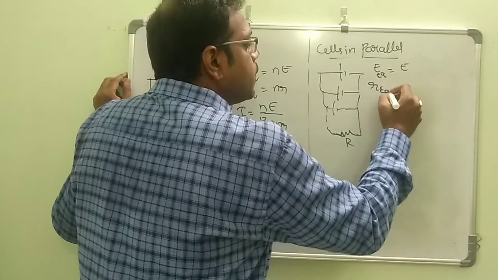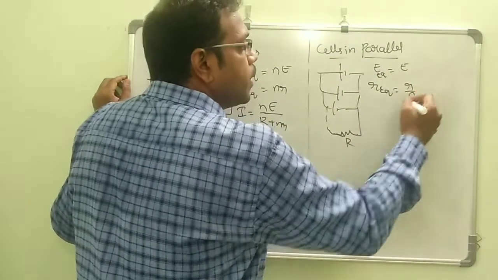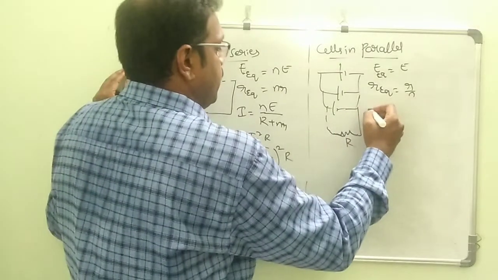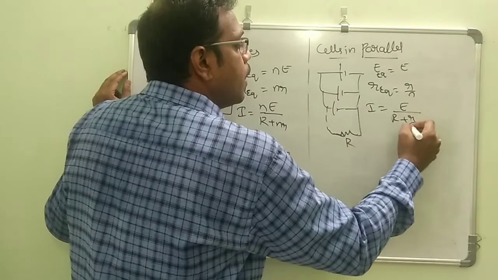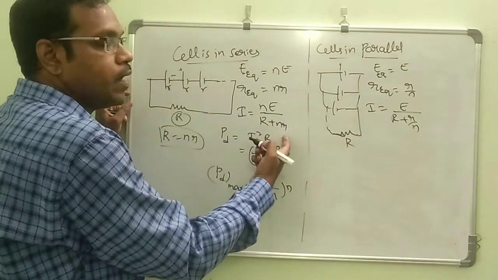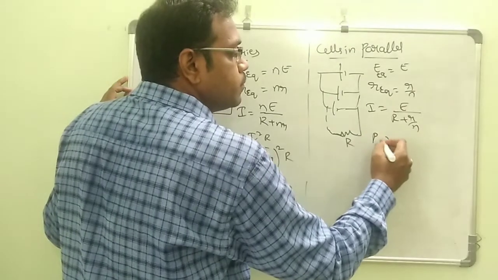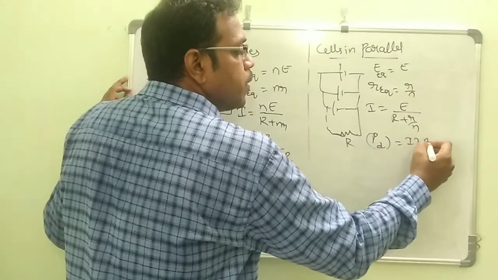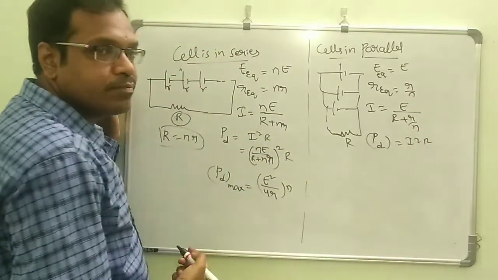And r equivalent, because resistances are in parallel, will be r by n, so that current you will get E by R plus r by n. Here power dissipation is I square R, so this term square into R will come.